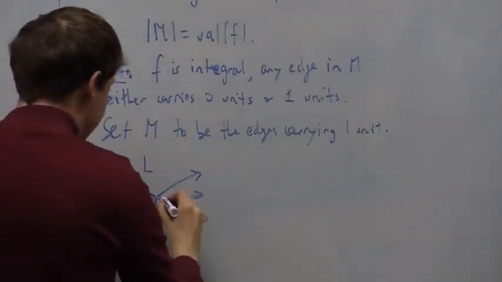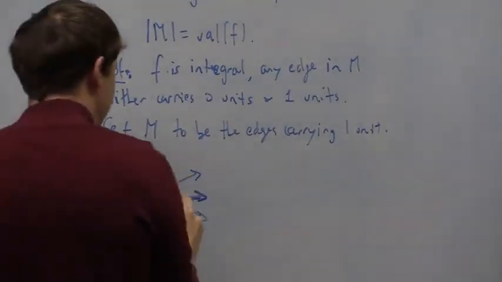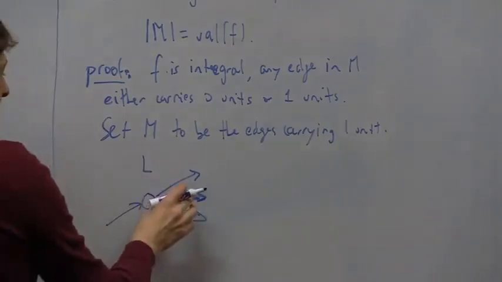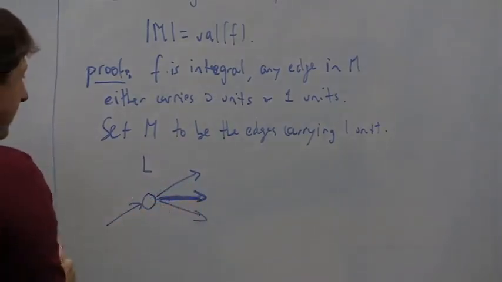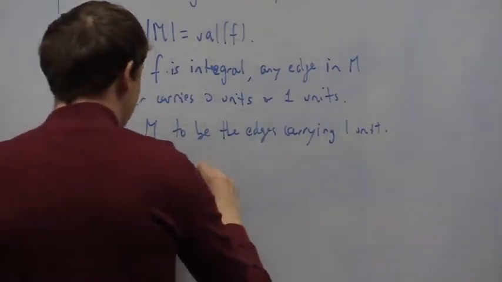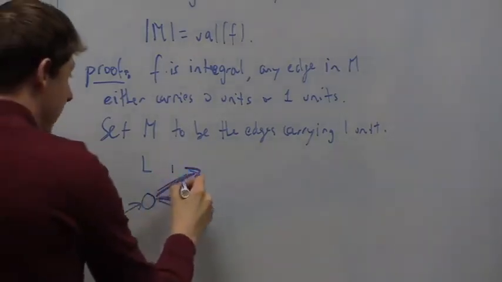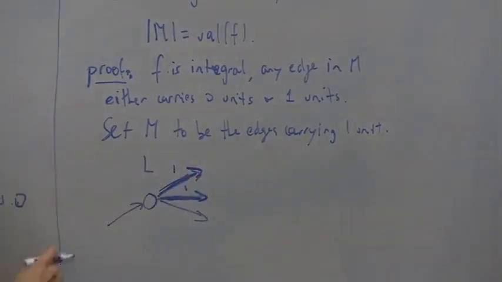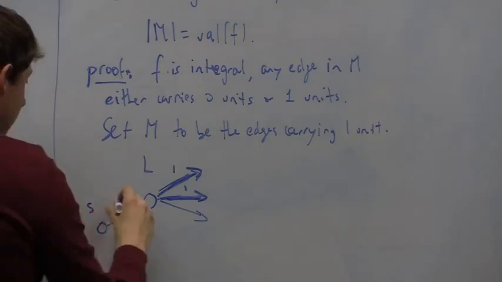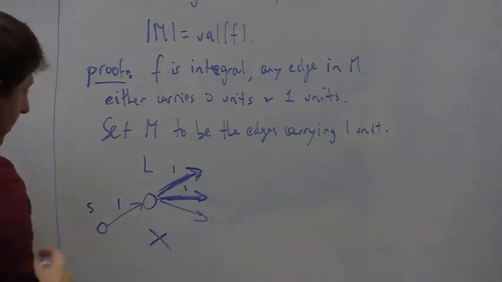We have selected at least one edge that touches this vertex. Say by way of contradiction that there are actually two edges in M that were selected. Because we selected them, it means that both of them carry one unit of flow. But going into the vertex L from S, there is only capacity 1, right? So a picture like this would violate conservation of flow.